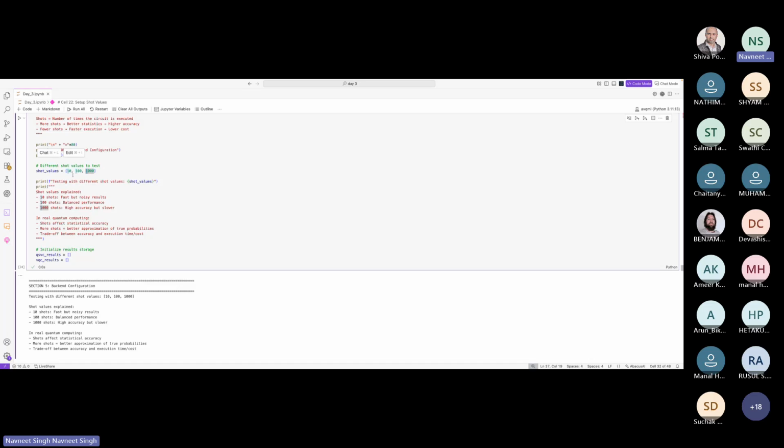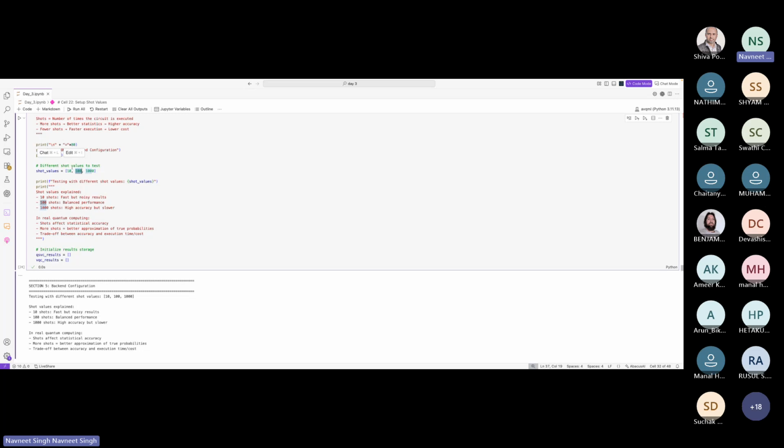With very few samples, it is very fast, but also very noisy. When the shots are 100, it estimates the probabilities more stably, but it takes longer.